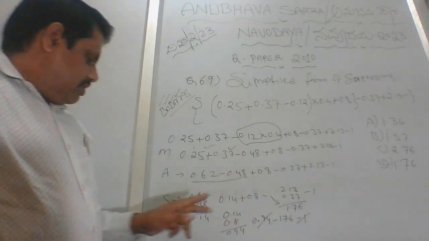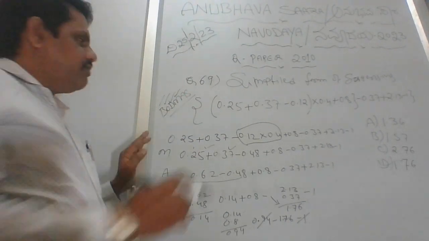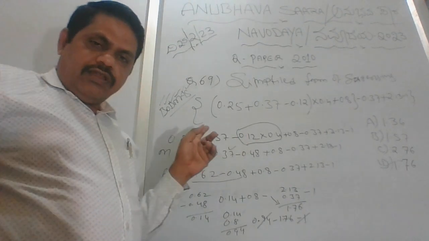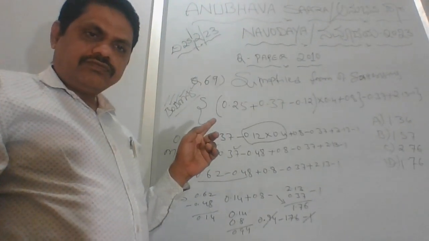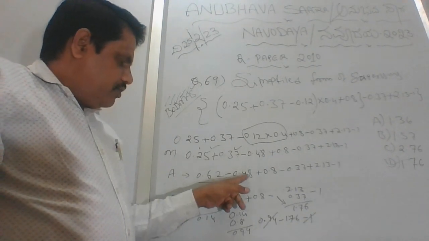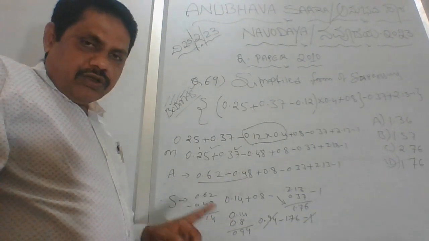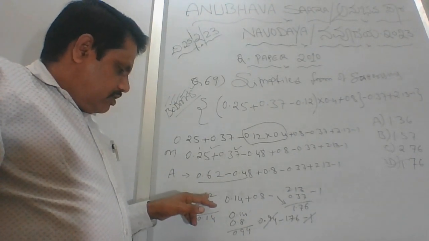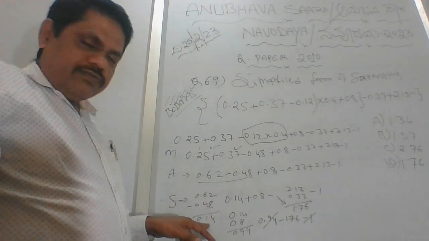Then we have to follow the formula of S. Okay, the S formula we are following now. S means subtraction. 0.62 minus 0.48 is nothing but 0.14. Okay, 12 minus 8 is 4. 5 minus 4 is 1.